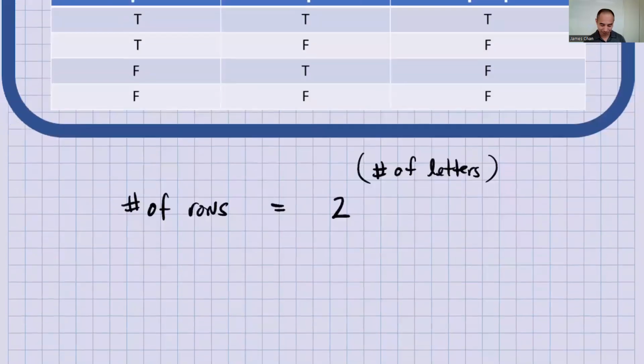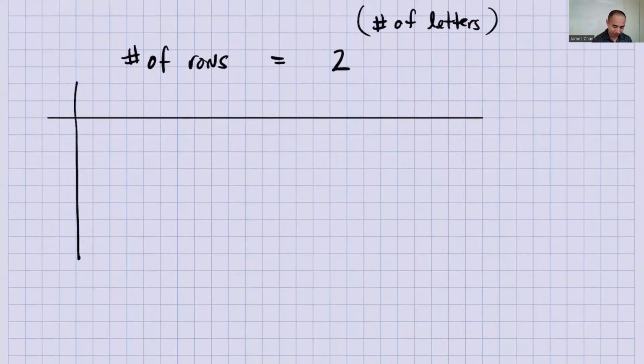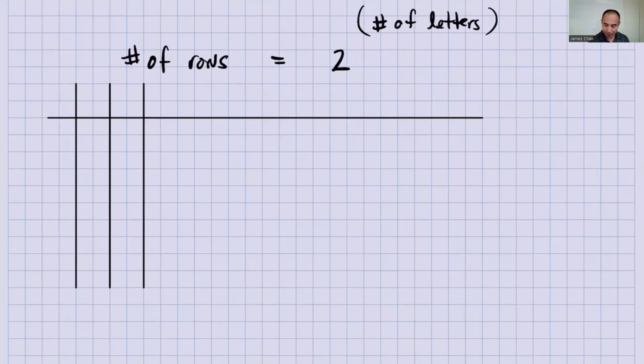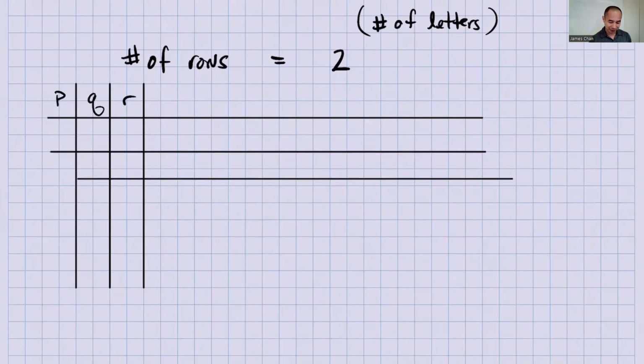So for example, I would do a mock truth table here. Let's say I use P, Q, and R. So how many rows should I have? 9? What's 2 to the third? 8.